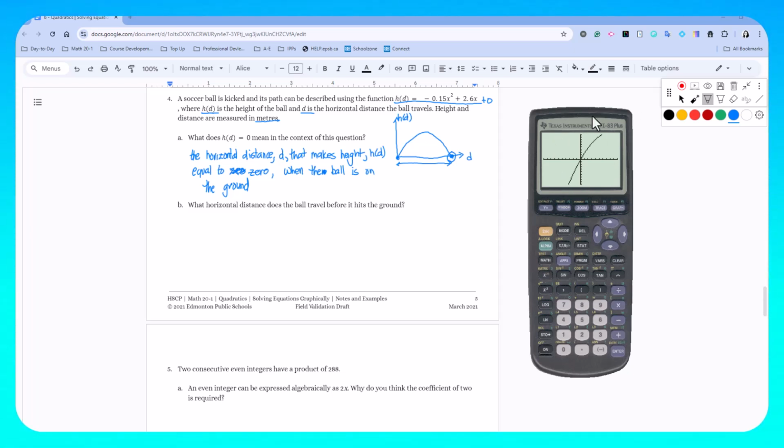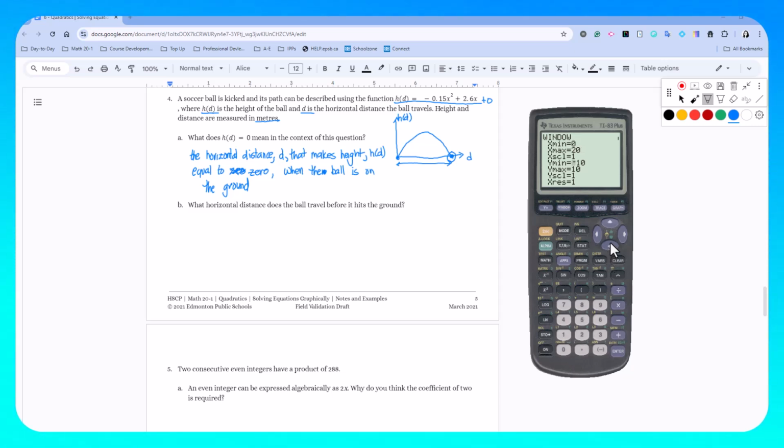Now notice I'm not getting the whole graph. So let's go change some window settings. I notice this goes from 0 to 10 right here. And because we kicked the ball, it doesn't make sense to talk about it started at -4 meters. So I'm going to change the window setting so my x min is 0. My x max is about, let's say 20.